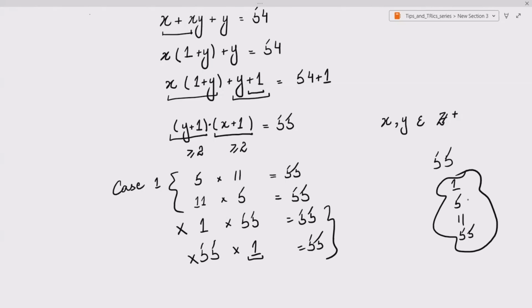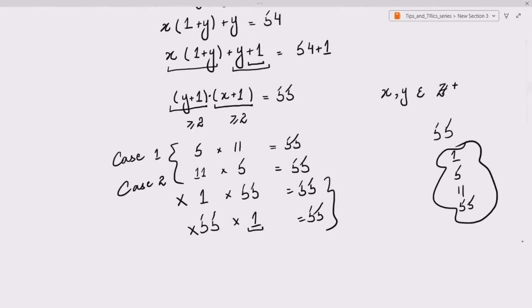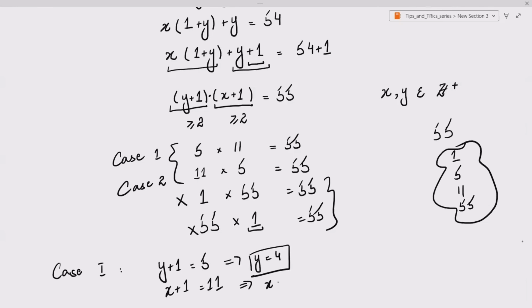Case 1 says that y plus 1 is 5 and x plus 1 is 11. So y is 4 and x is 10.